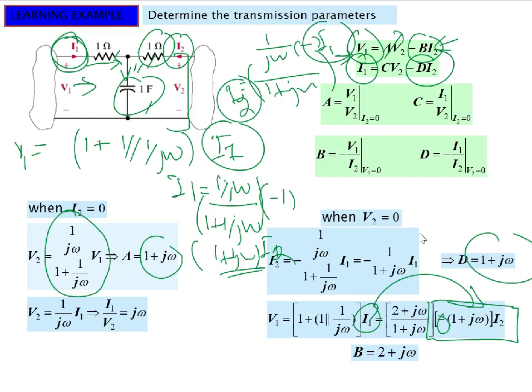So this is our D. So this is the procedure for calculating A, B, C, D. You just have to make this circuit open, calculate A and C, and then short, and calculate B and D using the method that we discussed here.